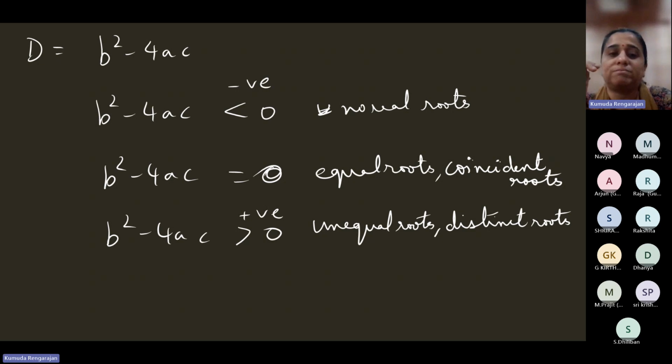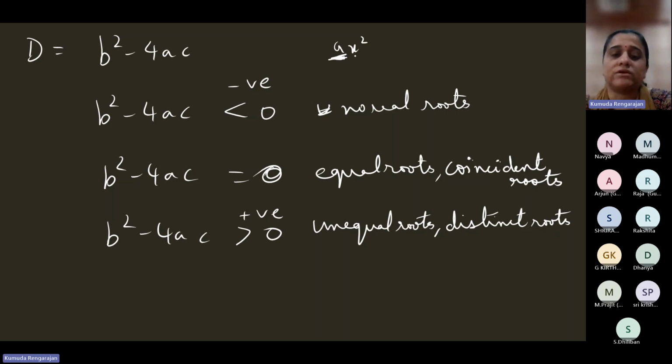The parabola opens upwards if the value of a, which is the coefficient of x square in ax square, is positive. If this one is negative, the parabola opens downwards.